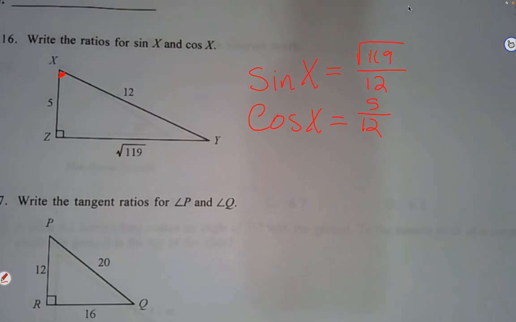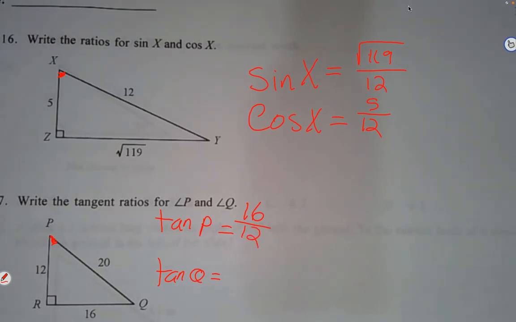The next one's the same thing. We're going to do the tangent of P and the tangent of Q. So let me write that down. Tangent of P and tangent of Q. I start at P, and I don't know why they didn't reduce. If you reduce, that's fine. If you don't, that's fine. What's the tangent? 16 over 12, opposite over adjacent.